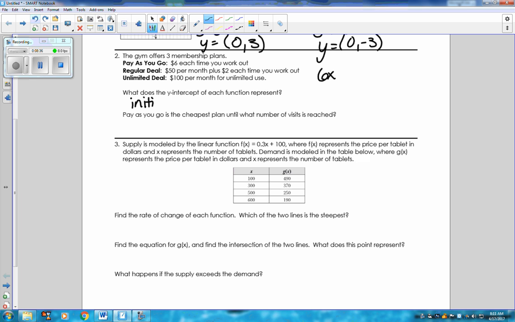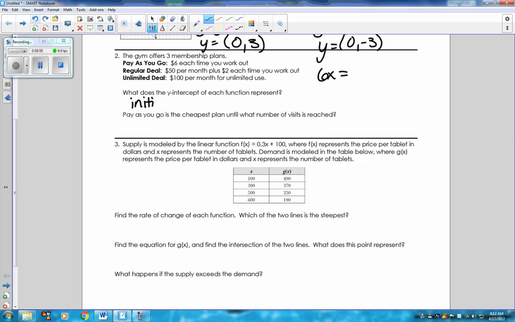So I'm going to compare the pay-as-you-go to the regular deal. To see where they equal each other, I'm going to set both of my equations equal to each other. Now I have to find the equation of the regular deal.